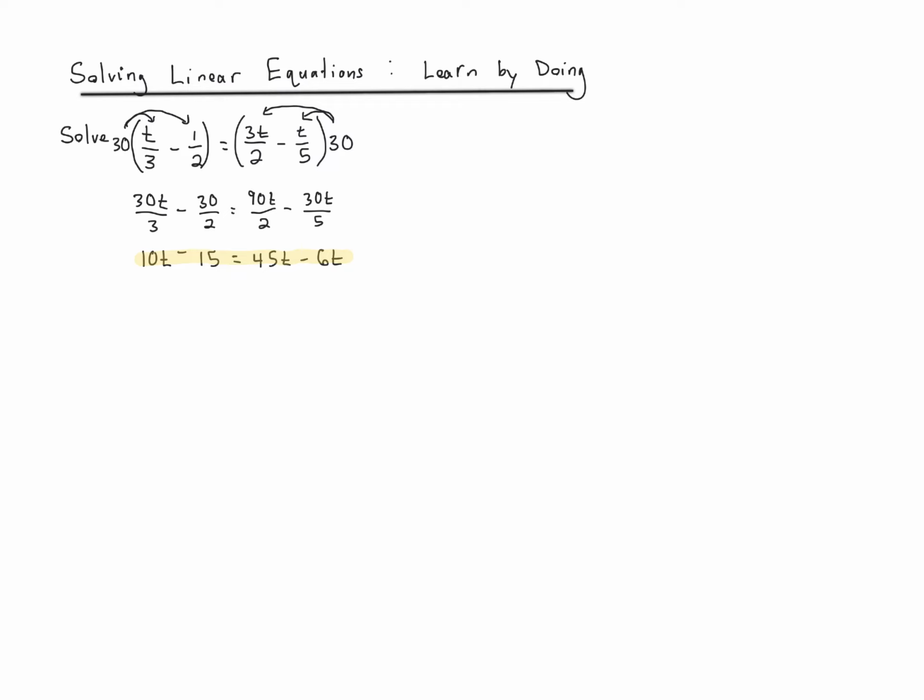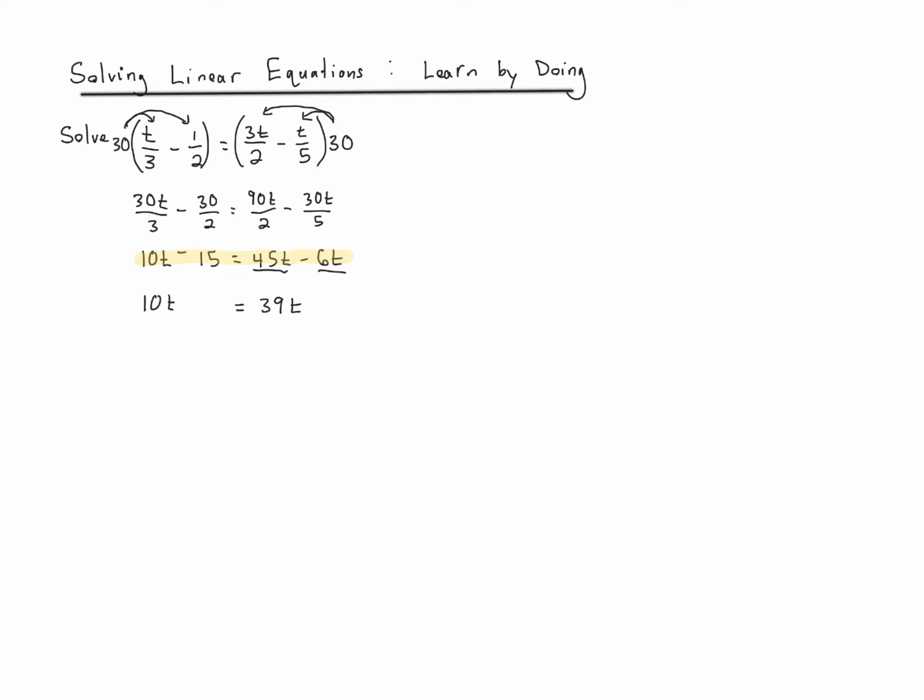So at this point, we can actually simplify the right-hand side because these are like terms. So if we combine these like terms, what do we get? To combine these like terms, we're going to subtract 45 minus 6, and that gives us 39t on the right.